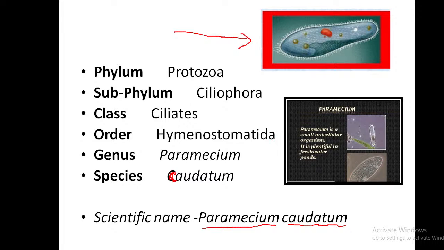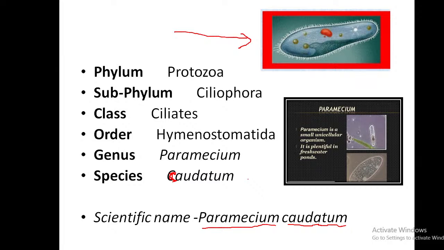You can see this paramecium, and even with the naked eye you can see paramecium, but you need to observe closely. If you look under the microscope, it's very easy to locate it. It keeps on moving. So they are found in large numbers in ponds. So paramecia are small unicellular organisms which are found in freshwater ponds.